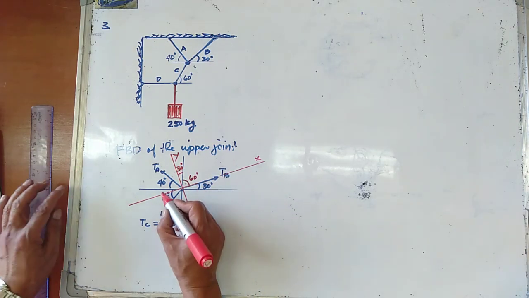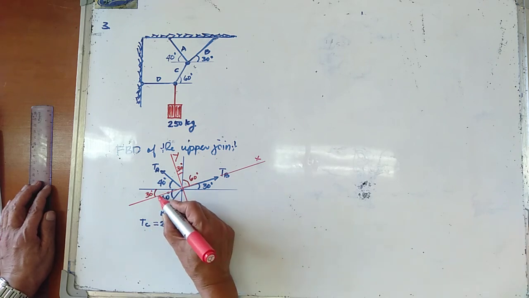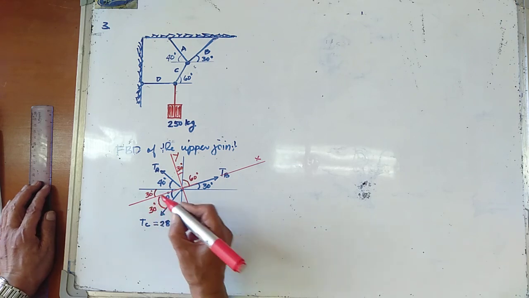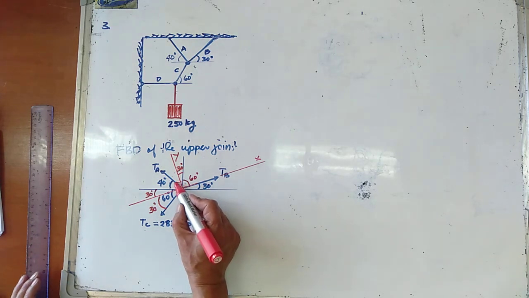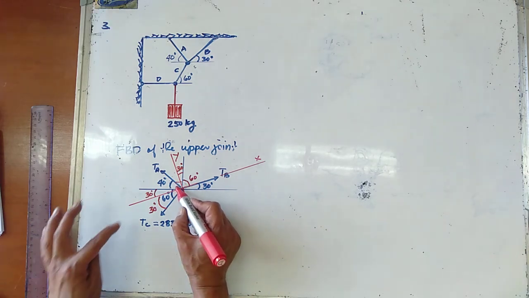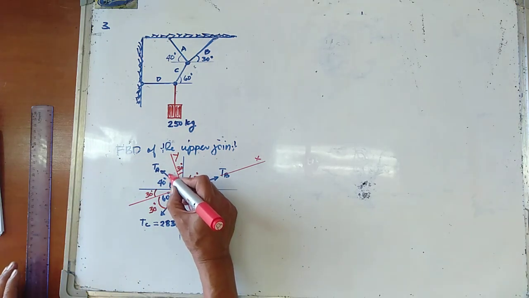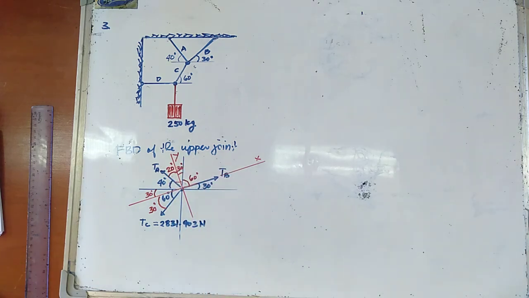Then this angle is also 30 degrees. Now, this one is 90, so 90 minus 40 minus 30 is this angle, and that angle is equal to 20 degrees.